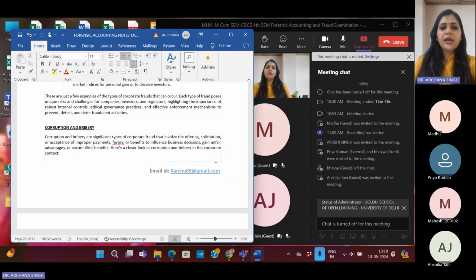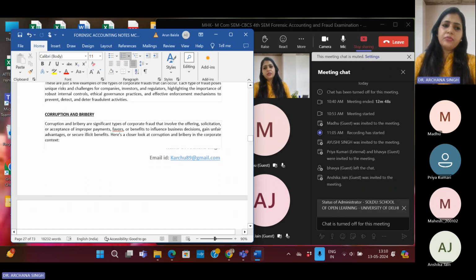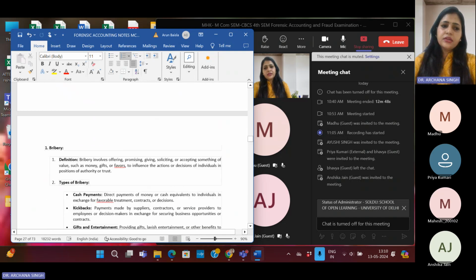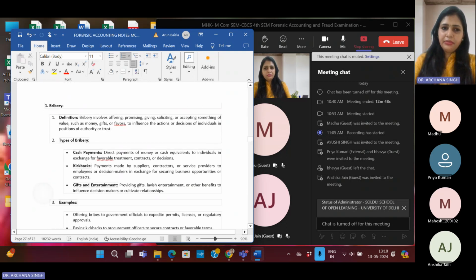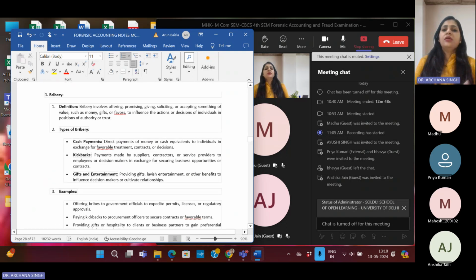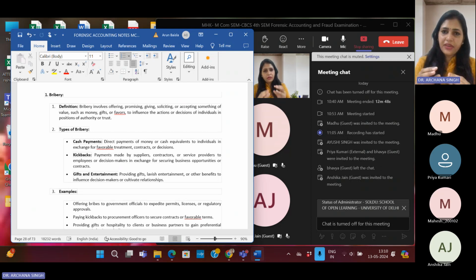So why corruption and bribery in the corporate sector, why are they occurring, and what does it mean? Bribery is offering, promising, giving, or accepting something of value such as money, gifts, or favors to influence the actions or decisions of individuals in positions of authority or trust.